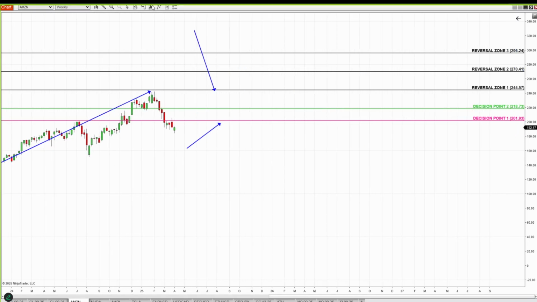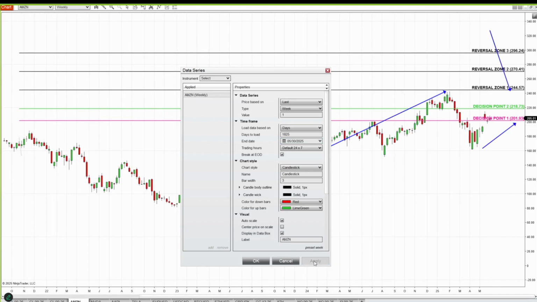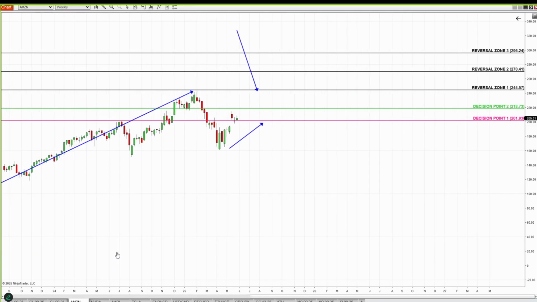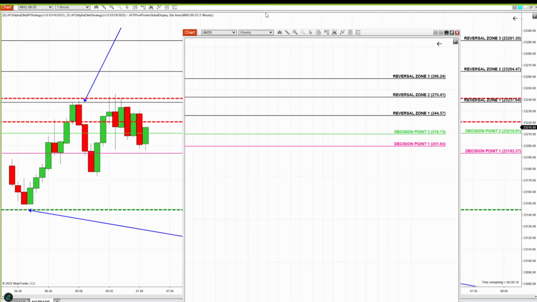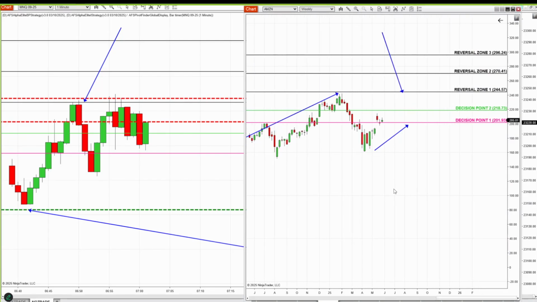Here is Amazon in the month of May. Move is up. Amazon crawling back up. Looks familiar? Again, identical move on Nasdaq on any chart this morning.